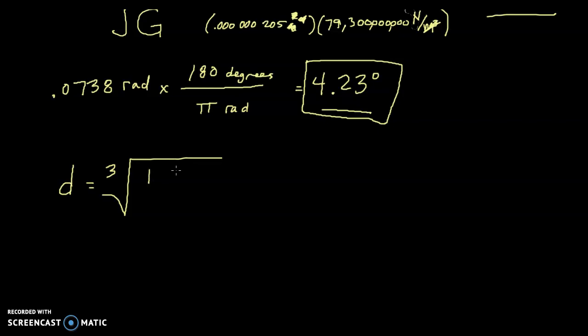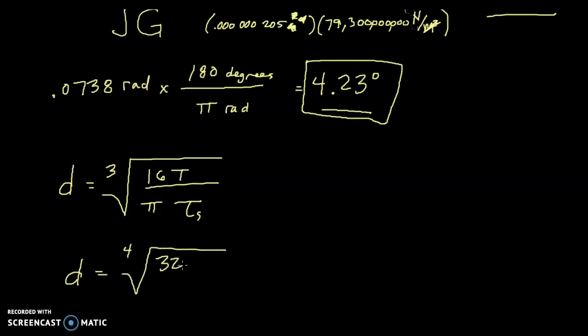The diameter equals the third root of 16T over pi times the allowable shear stress. So that's for stress. And for angle of twist, the diameter needs to be equal to or greater than the fourth root of 32 TL over pi times theta times G. We'll be using these formulas in future videos.